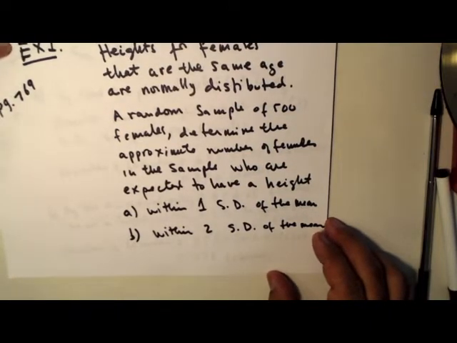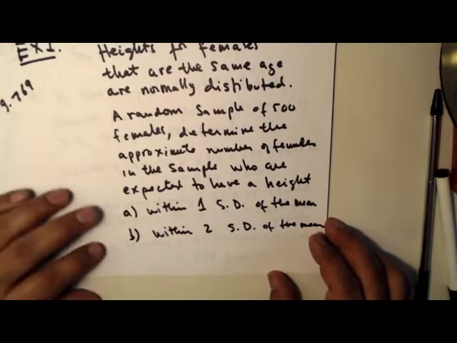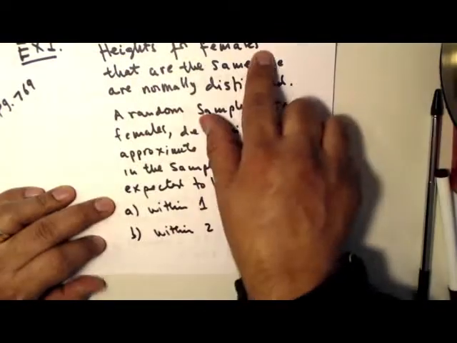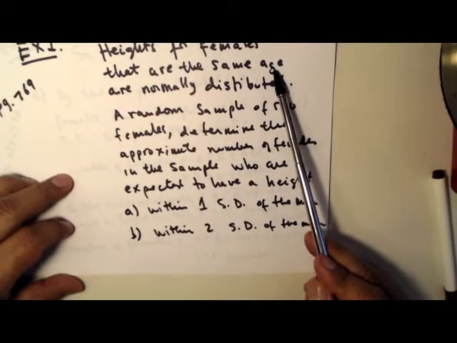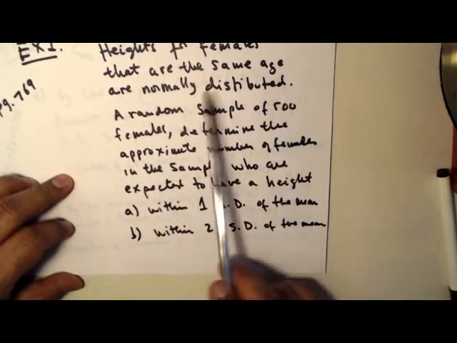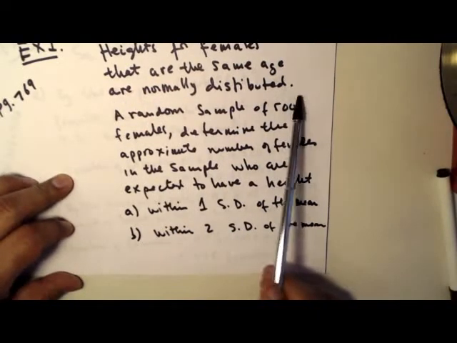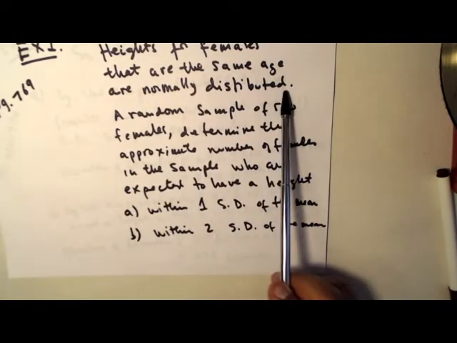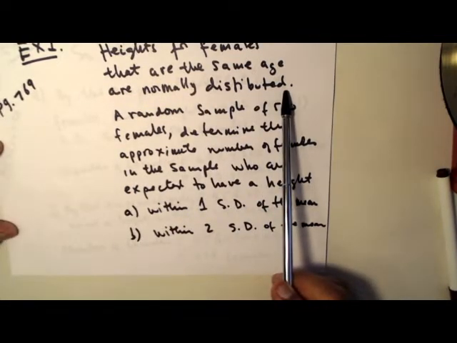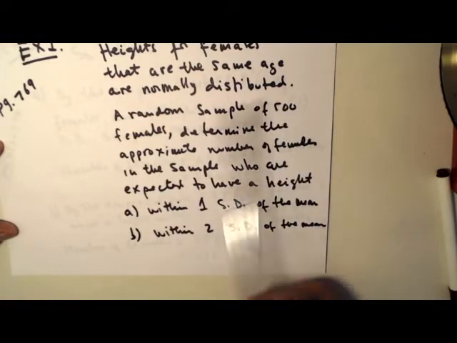Example 1, you find it on page 769. It talks about the heights of females that are the same age and that they are normally distributed, right? So this is a key word when you're dealing with this kind of problem. It would be a normally distributed bell shape.